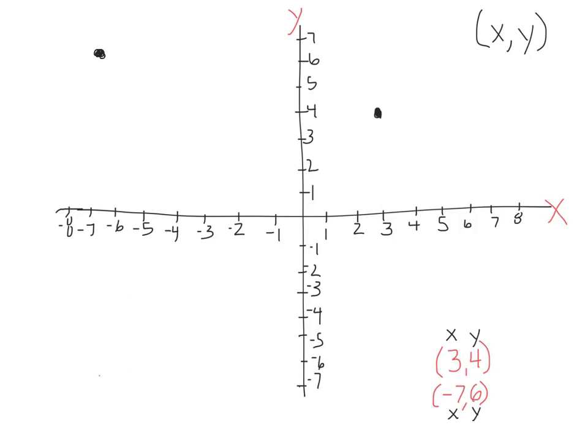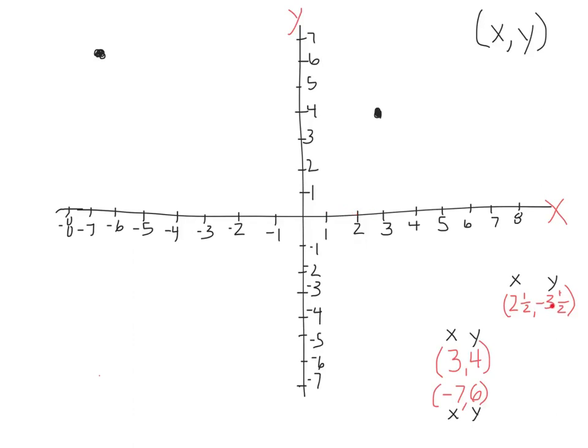Here's a little bit of a trickier example. Let's say (2 1/2, -3 1/2). So first things first, I remind myself this is x, this is y, and really I do this just the same as I did these. I go x first, 2 1/2. I find where's 2 1/2 on the x, right here.